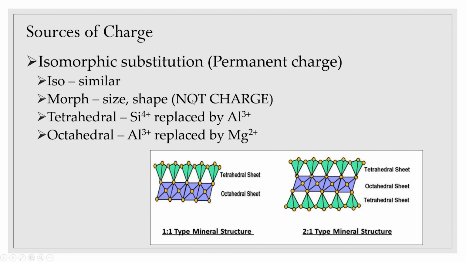All right, so here we are with our isomorphic substitution. Isomorphic substitution is permanent charge. We cannot change this. This actually happens when that rock formed coming out of that volcano, from our igneous rock, whatever type of rock that it was that formed, even our sedimentary rocks or metamorphic rocks.